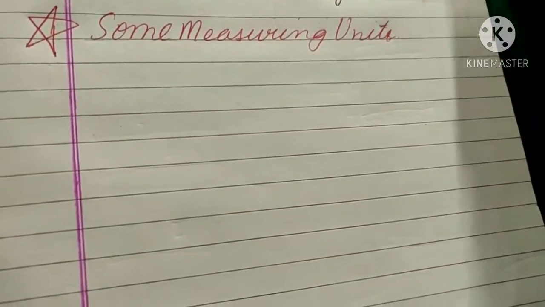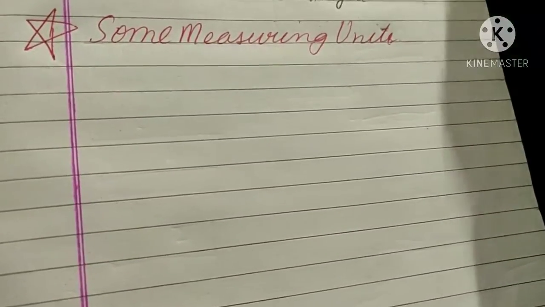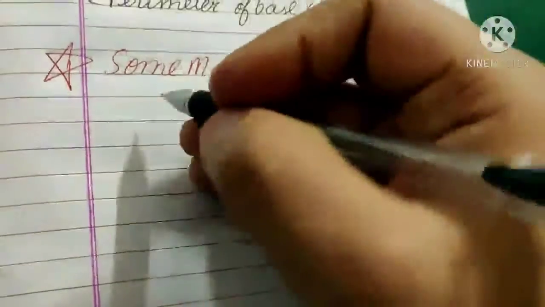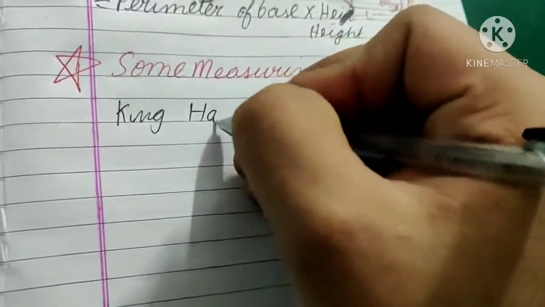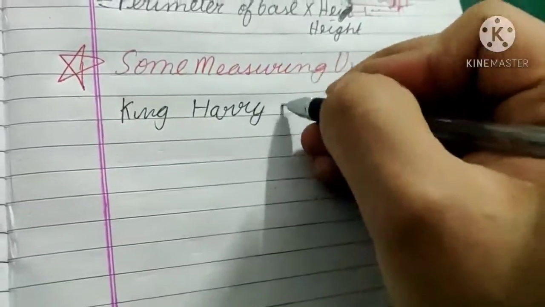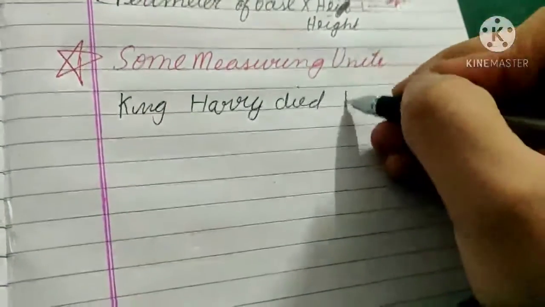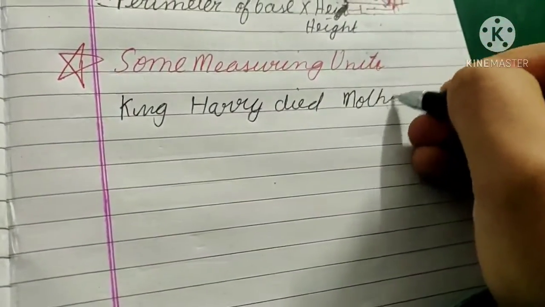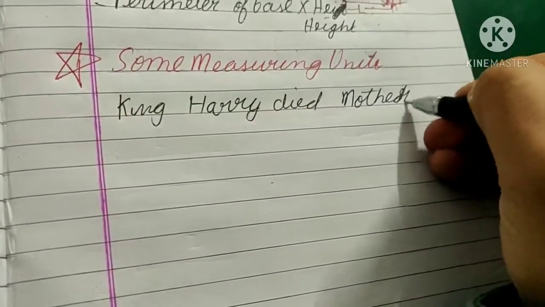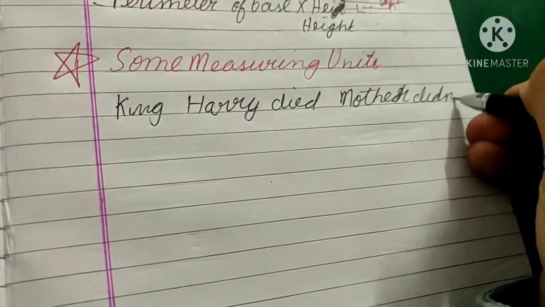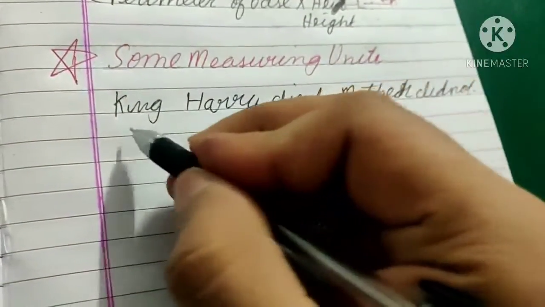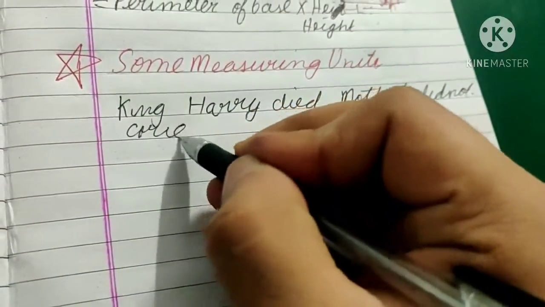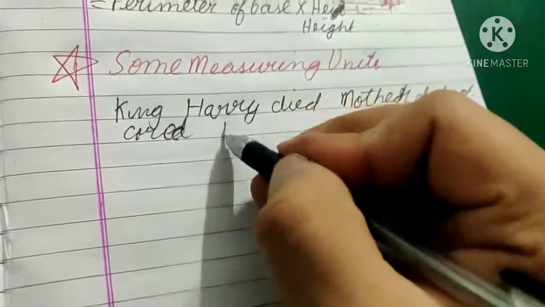So our next topic here is the measuring of some units. For this, I just want you to learn one line: King Harry died, mother did not, cried much.